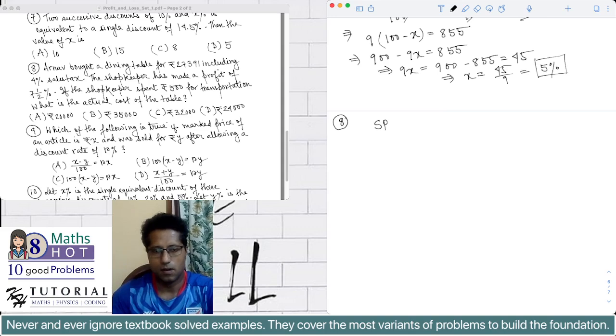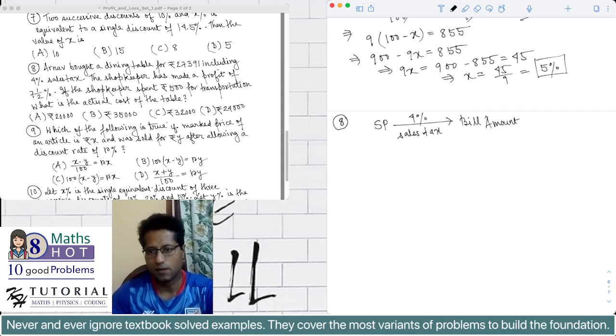Now, based on the selling price, Arnav has to pay 4% sales tax. So this bill amount is the amount that Arnav paid to purchase the dining table. This is given to be 27391.